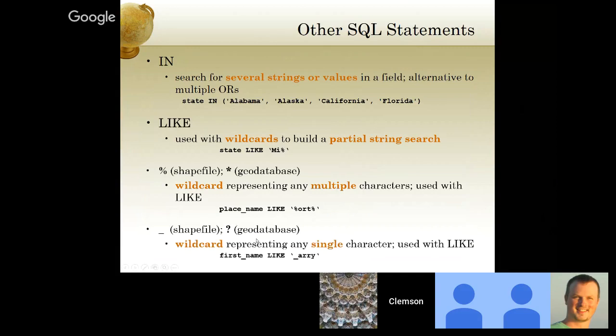A single character would be represented using an underscore or a question mark. So if you know the first name you're interested in ends with Airy, but you can't remember if it's Barry, Larry, Carrie, Harry, Mary, or so on, you can search for just one character out of that list. So there's some flexibility built in.